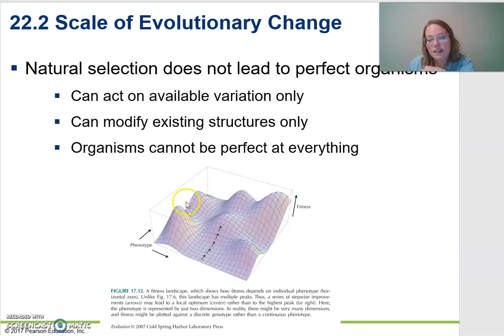But there's this idea of peaks and valleys, where the individual here is doing quite well. They have a lot of fitness. And then if they wanted to be at that topmost beneficial phenotype, they'd have to go through a valley. It's really hard to do that. So they'll probably just stay here, right? And another thing, it's not forward thinking at all.